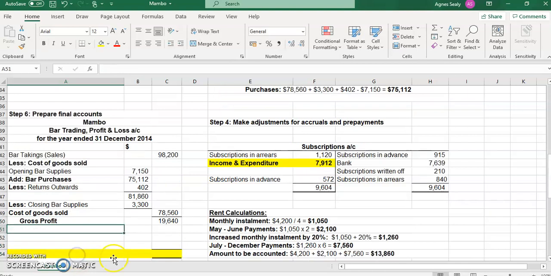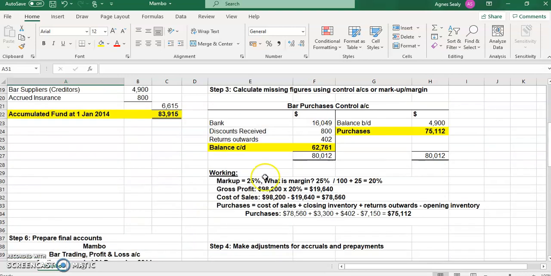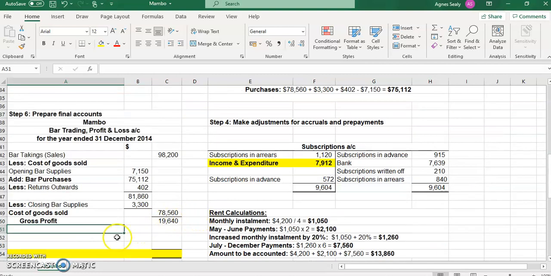And we stated before that if you have additional revenue, you need to add that additional revenue to your gross profit. And in this question, we had some discounts received. So this is additional revenue of $800, and that must be added as well to our gross profit to give us a gross income.